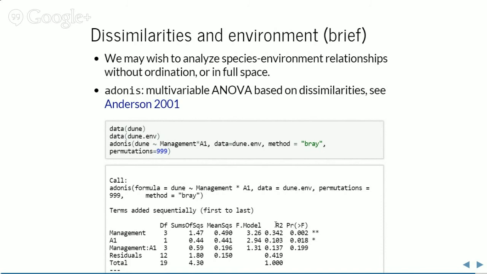So management is highly significant, and it's explaining about 35% of variation in that dune data set. A1 is less significant and explains less variation, and the interaction is not significant. So again, that's just a really brief introduction, but that can also be a really useful function.